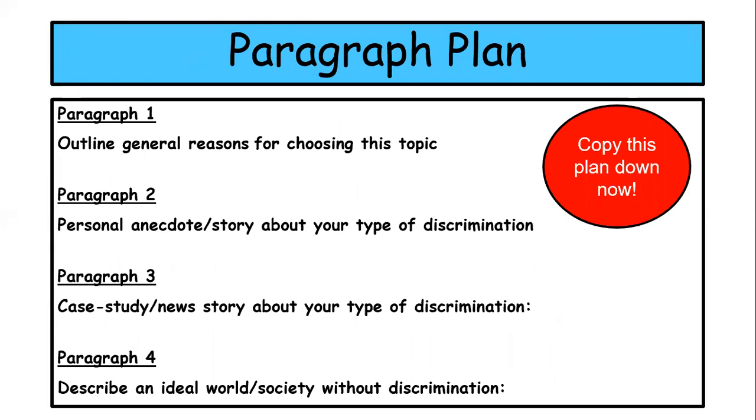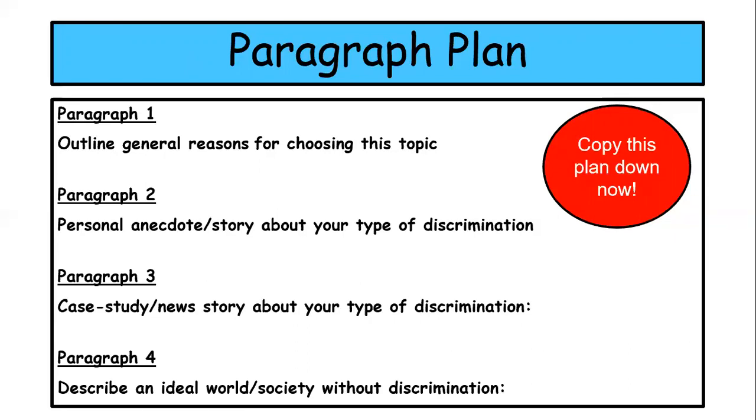I want you to pause the video now and copy down this basic paragraph plan. So get yourself a pen ready and copy down the paragraph plan. Paragraph 1 is where you're going to outline your general reasons for choosing this topic. Paragraph 2, you're going to include a personal anecdote or short story about this type of discrimination. Paragraph 3 is going to be a case study or a news story about this type of discrimination.